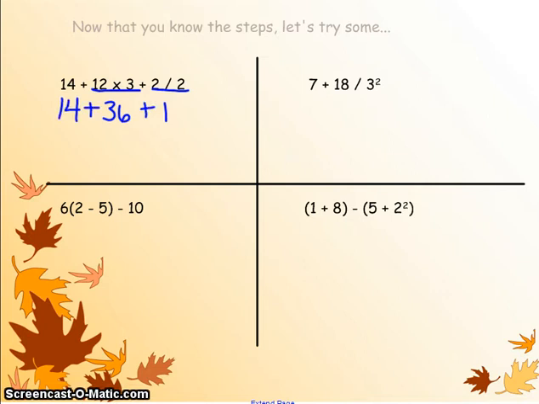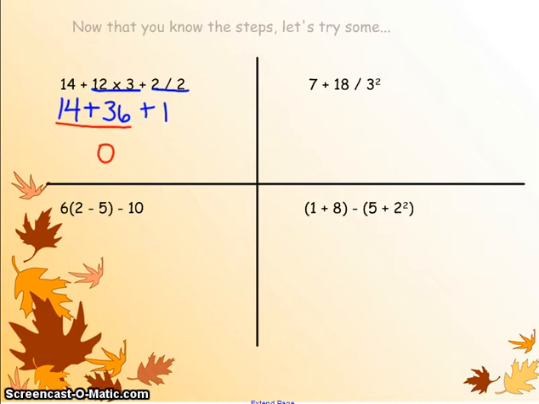So we're left with all addition. This can all be done at one time. Again, from left to right is how you should try to approach this. So the first one that I come across is a 14 plus 36. So again, if you need to do that off to the side with scratch work, that's fine. Otherwise, 4 plus 6, that's going to give me a 10.